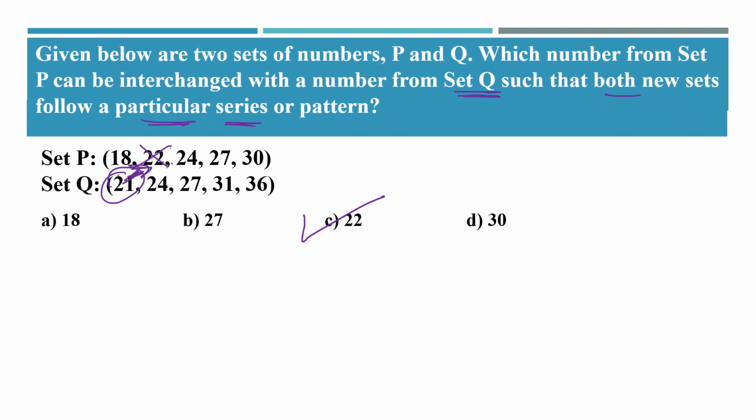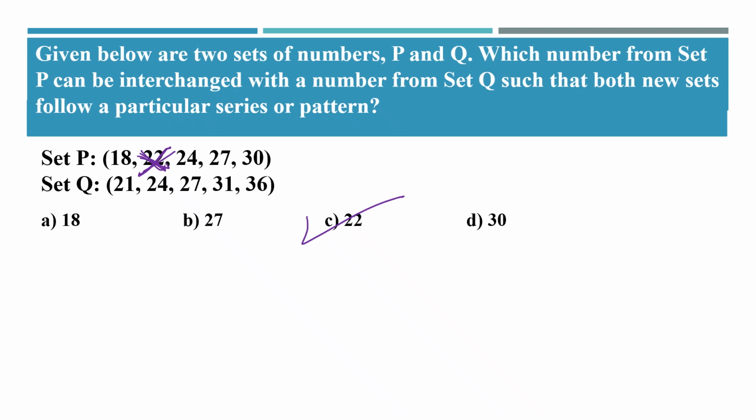Let's swap with P. So we have 22, 24, 27, 31, 36 as the numbers in set Q. So 22 plus 2 we get 24, 24 plus 3 we have 27, 27 plus 4 is 31, 31 plus 5 is 36. Yeah, great. So that gives the new pattern. So 22 is the actual number in P to be replaced.